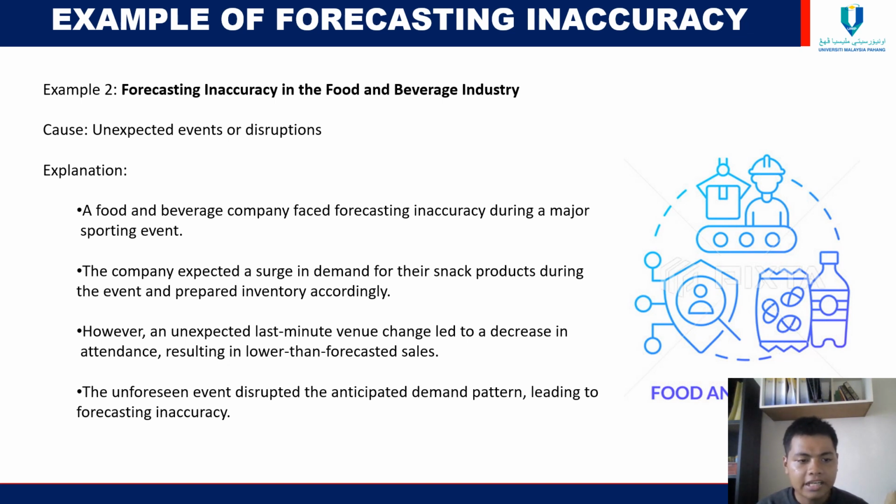The company expected a surge in demand for their snack products during the event and prepared inventory accordingly. However, an unexpected last-minute venue change led to a decrease in attendance, resulting in lower than forecast sales. The unforeseen event disrupted the anticipated demand pattern, leading to forecasting inaccuracy.